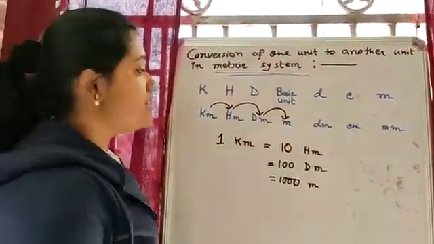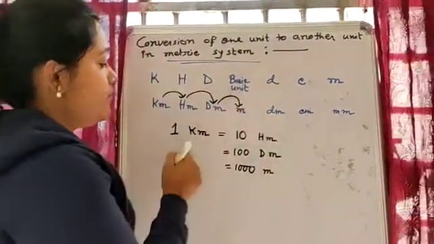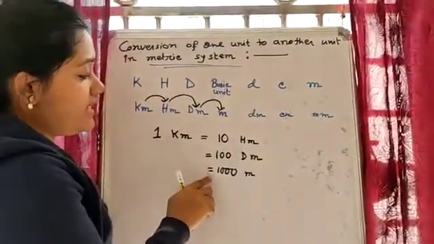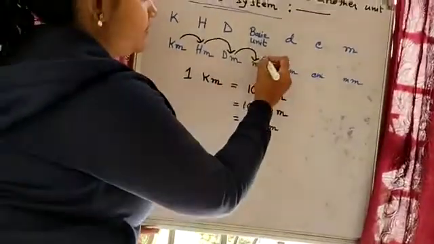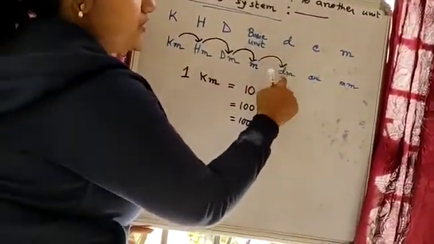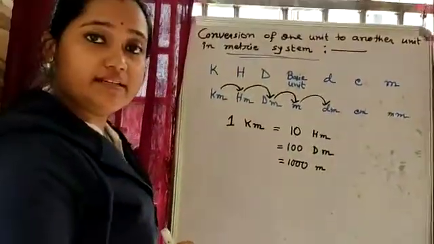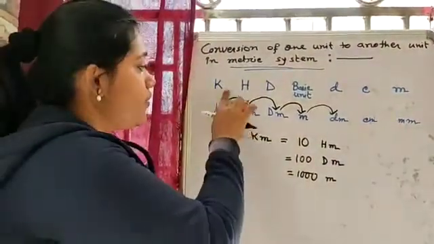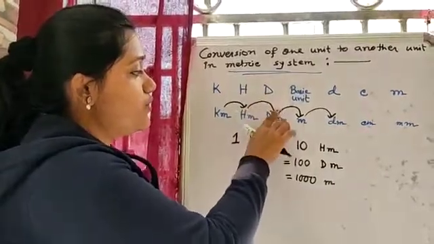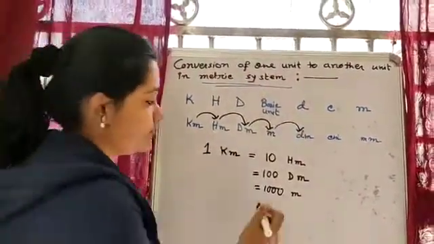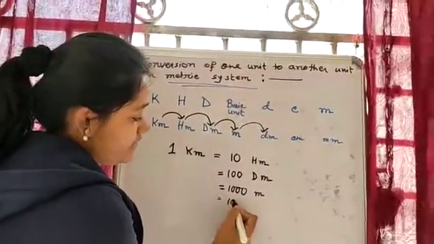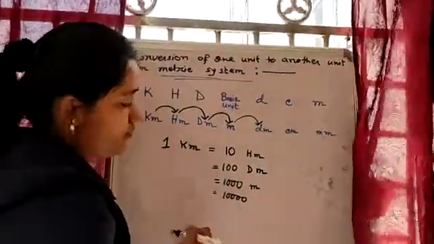Suppose I want to know that 1 kilometer is equal to how much decimeter. I want to reach the decimeter: 1, 2, 3, 4 zeros.